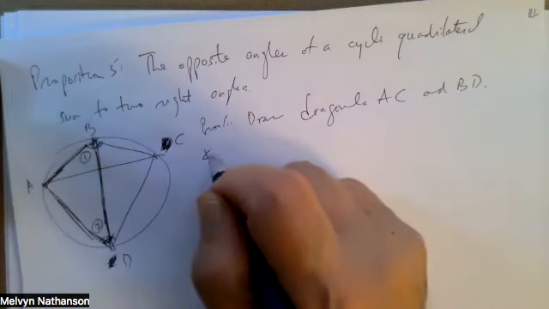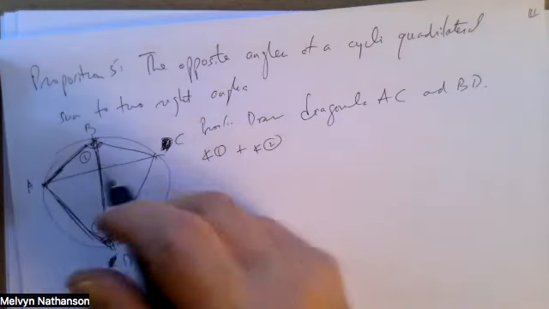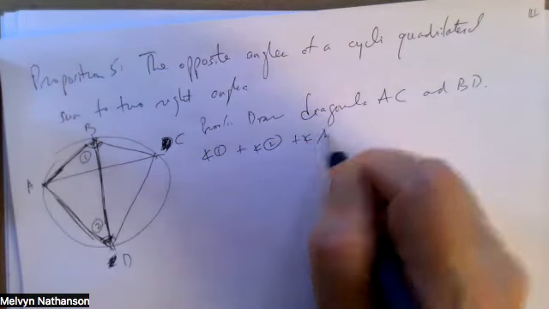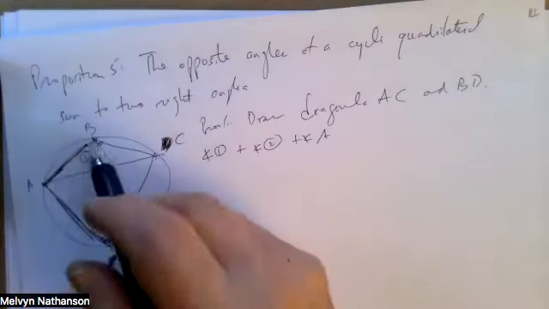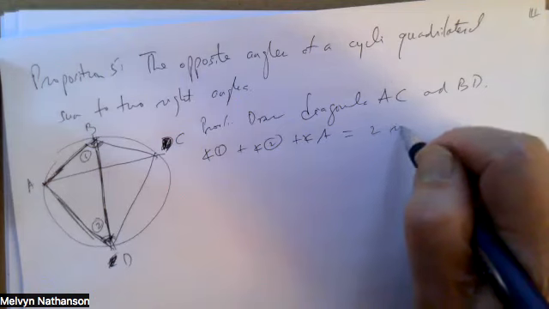So angle 1 plus angle 2 plus angle A, those are the interior angles of a triangle. These add up to 2 right angles.